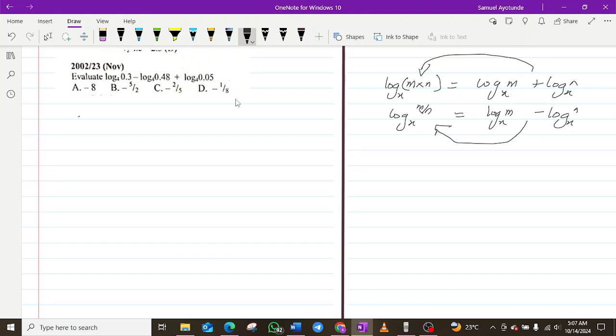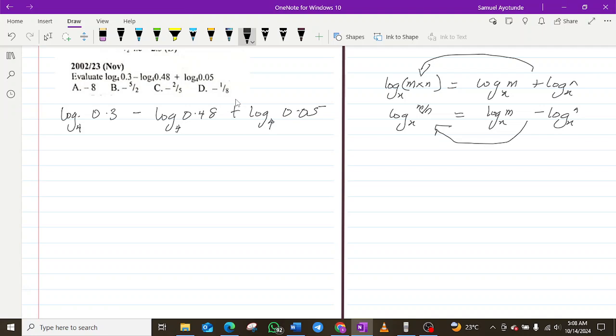Since they all take the same base, which is base 4, we have log base 4 of 0.3 minus log base 4 of 0.48 plus log base 4 of 0.05.